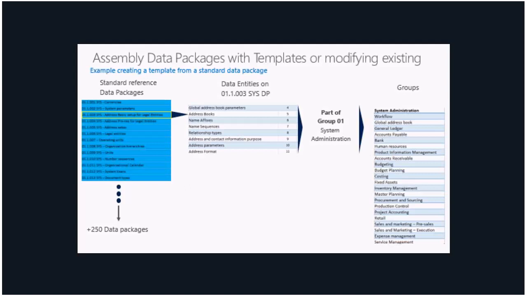That means that when I move from one implementation to another, I can have my collection of data packages or templates, and I can go faster and configure a new project and just modify data that is specific to the customer. Sometimes it's possible to reuse data, for example data connected to countries, currencies, or other data that is so common across projects that we don't need to modify it and we leave it as is.